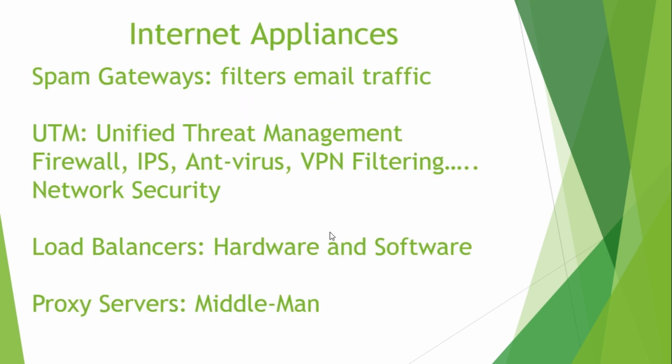Internet appliances. So, spam gateways. Believe it or not, there are filters out there on the web that try to filter email traffic. Google is a perfect example of this. If you have a Gmail account, you're going to see where it says offers or marketing, things of that nature.